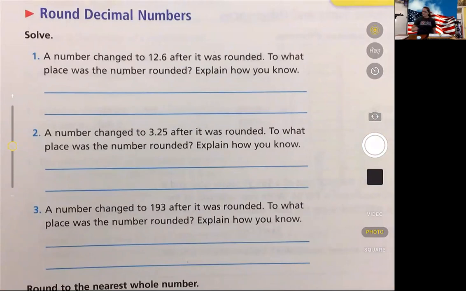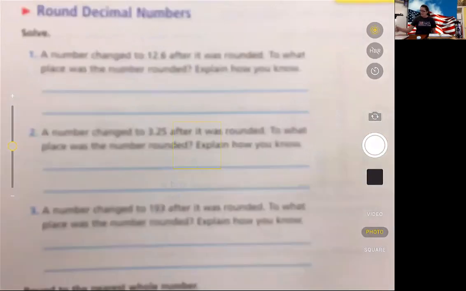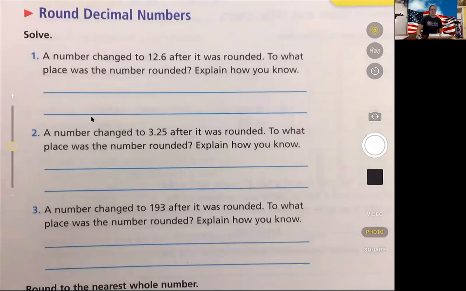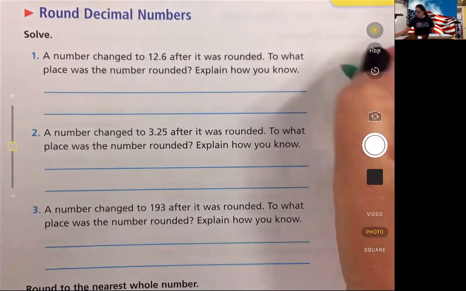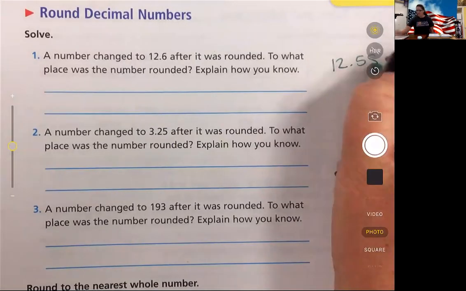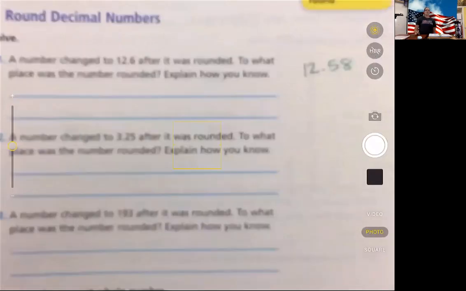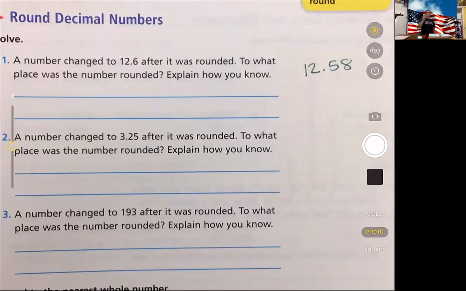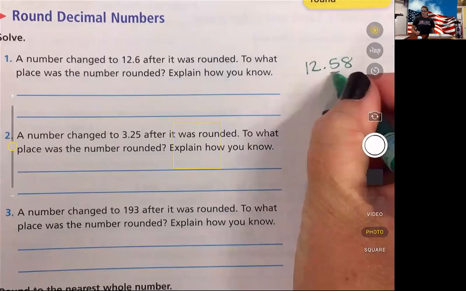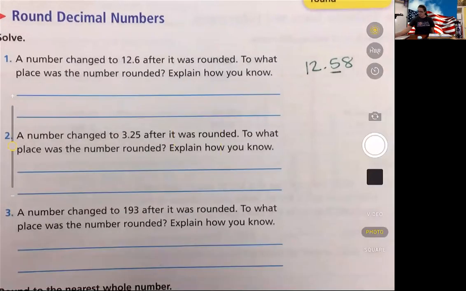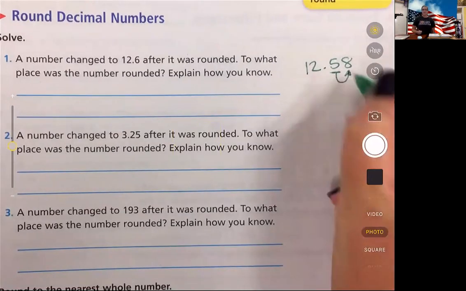But one thing to keep in mind is if I had a number such as 12 58/100, and I said round that number to the nearest tenth place, here's my tenth place. I'm going to look behind that number and there's an 8.